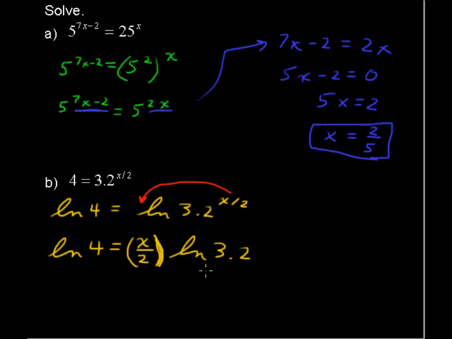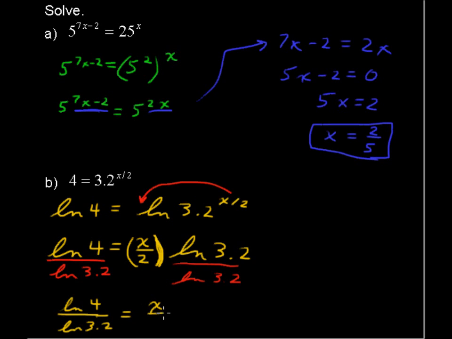The first thing I'm going to do is divide each side by the natural log of 3.2. And I'll write that down so we're all on the same page. As a result, I get the natural log of 4 over the natural log of 3.2 equals x over 2.